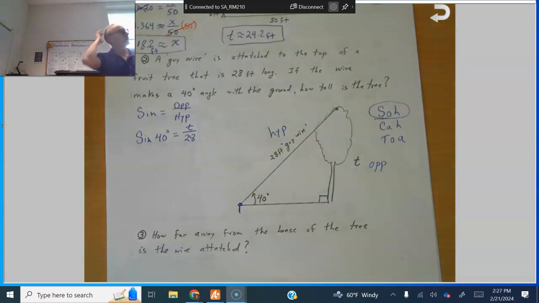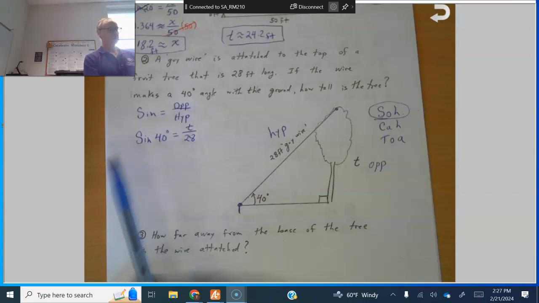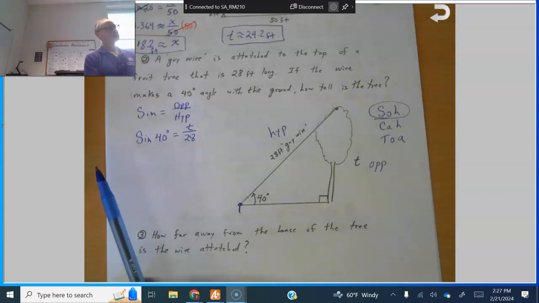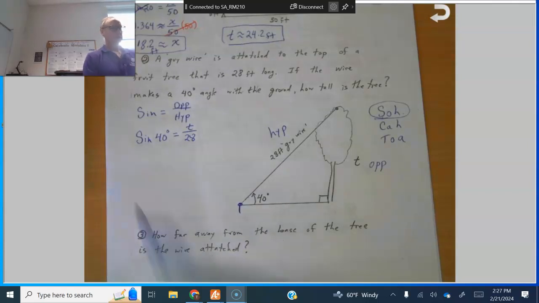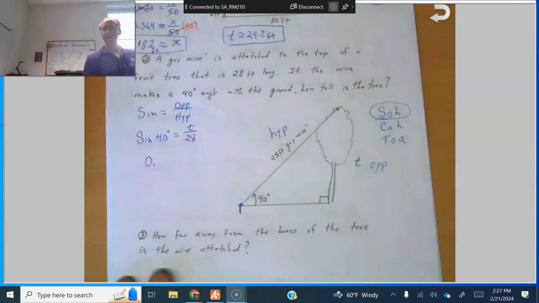You're going to multiply by what on both sides? Nope. Look up your sine of 40. 0.64. Really? Is that right? Uh-oh. Better be careful.